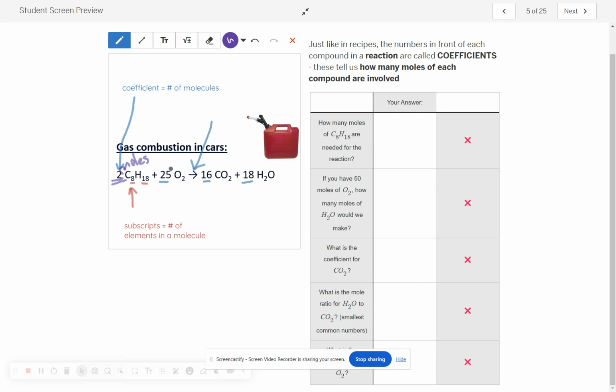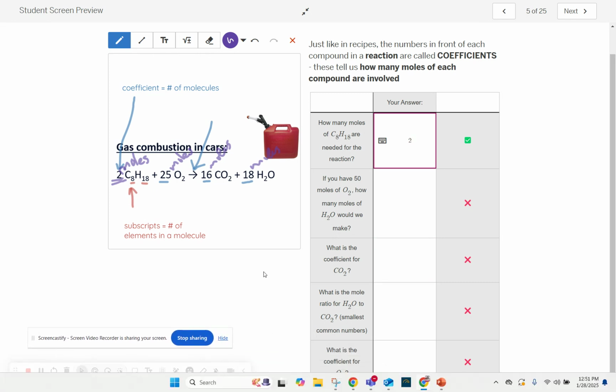So that's moles, this is moles, 25, this is moles, 16, and 18 moles. Okay, so very easy. So that means that for C8H18 we have 2 moles, so we're going to put a 2 there. We're going to skip around just a little bit so we can make sure we answer all these questions, and then we'll head back to look at the other ones.